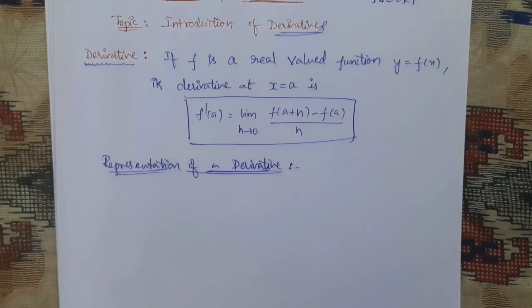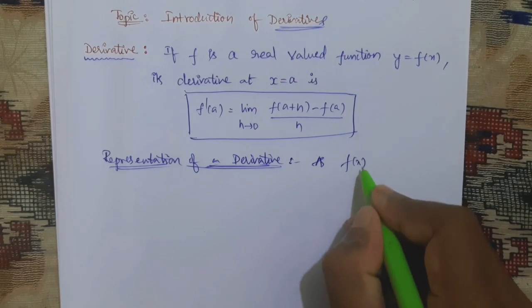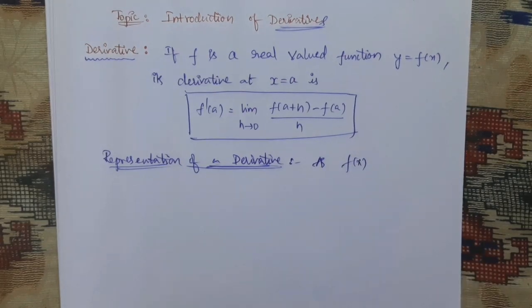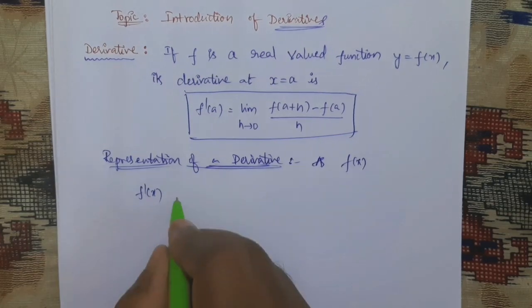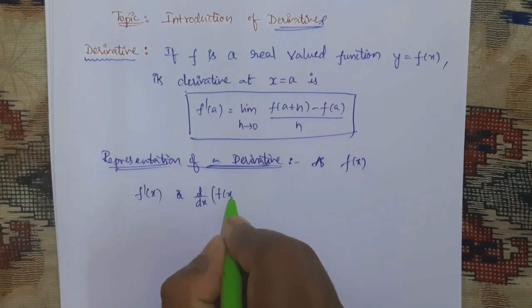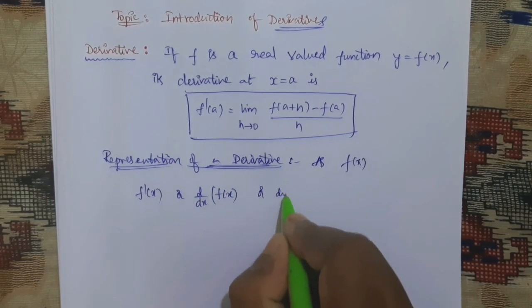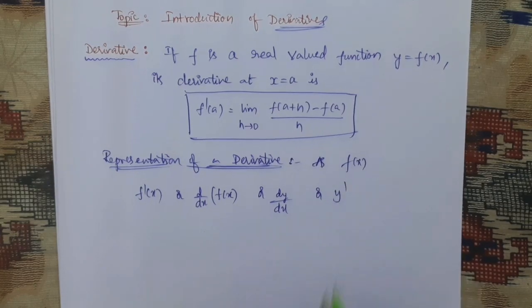This is the representation of a derivative. As f of x is a function, its derivative will be represented with f dash of x, or d by dx of f of x, or dy by dx, or y dash.